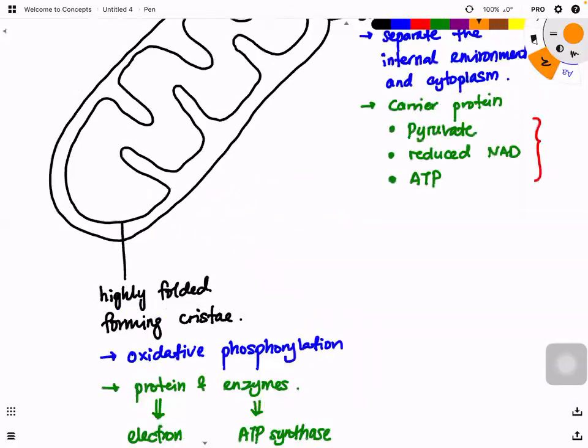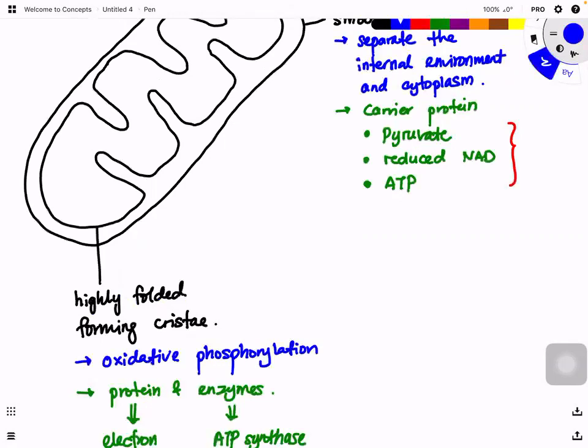So now the third part here is termed the intermembrane space. It is formed between these two layers of membranes. The role of the intermembrane space is also involved in oxidative phosphorylation, but to a very, very minor extent.